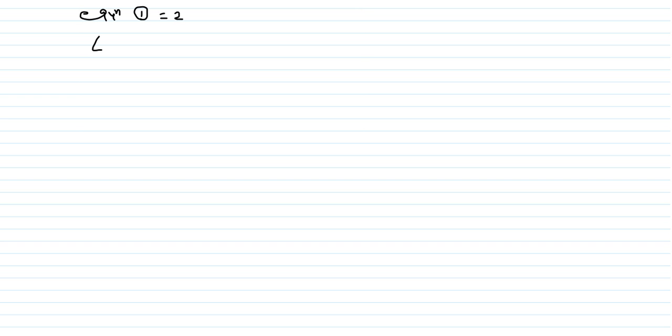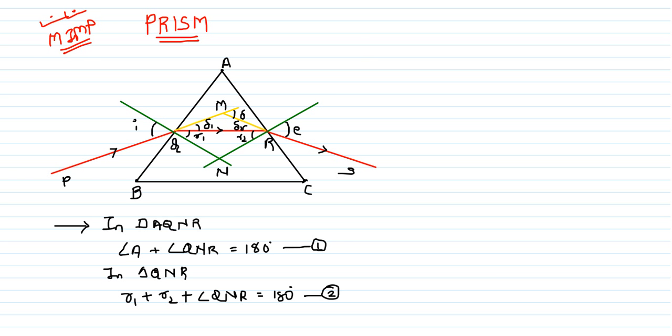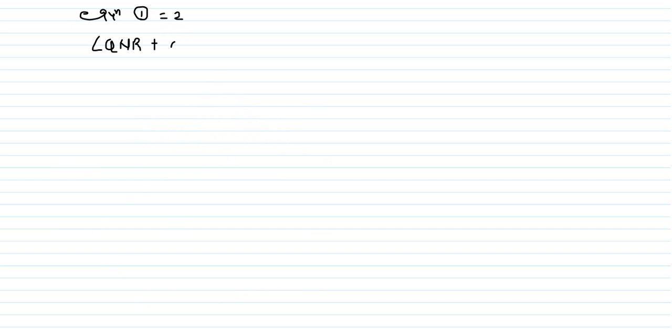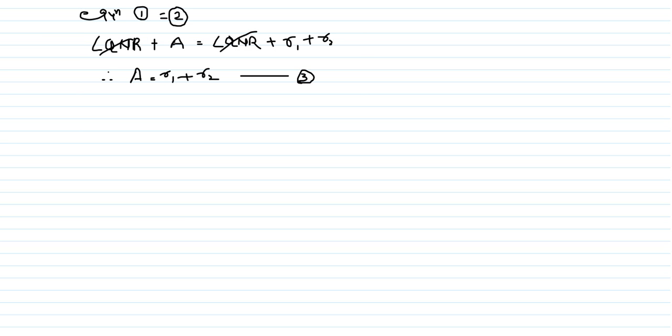So you can say QNR plus A, the measure of angle A, is equal to QNR plus R1 plus R2. So these two get cancelled. Therefore A is equal to R1 plus R2. It is equation number 3.